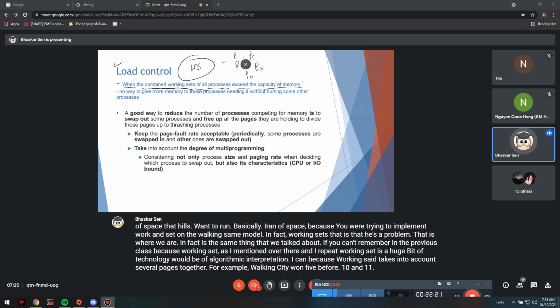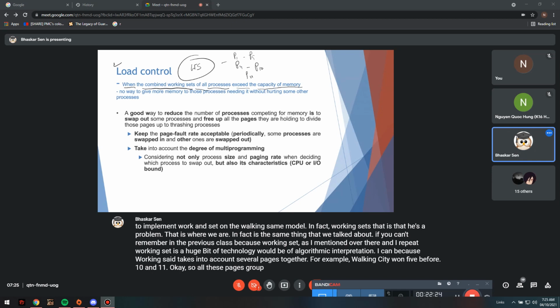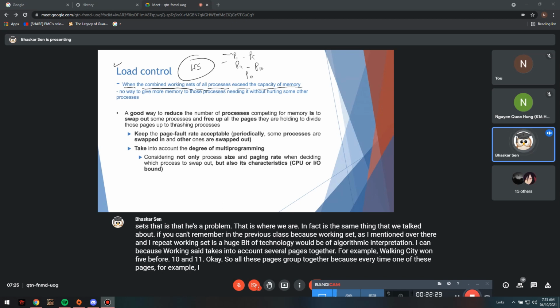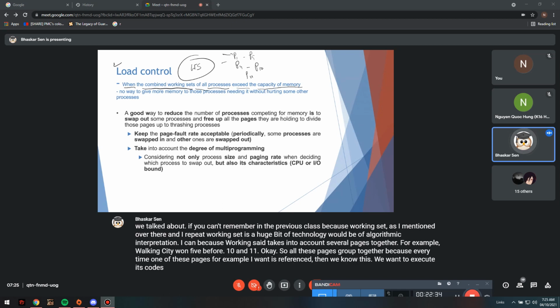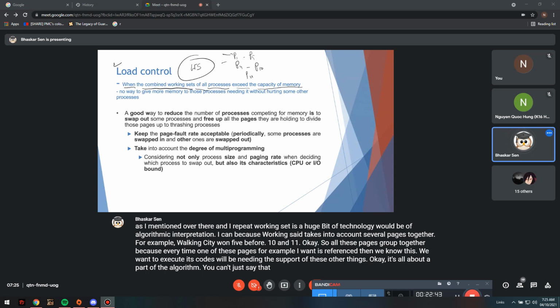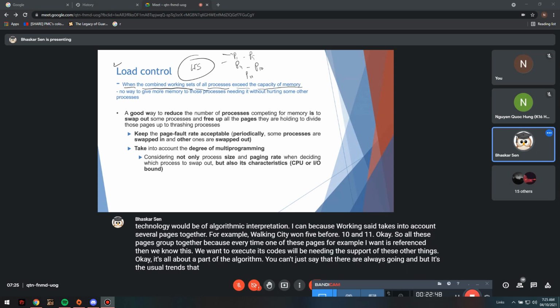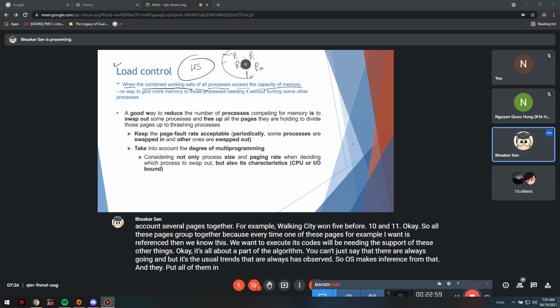So all these pages group together because every time one of these pages, say P1, is referenced, we know that to execute its code it will need the support of these other pages. It's all part of the algorithm. You can't say they're always going hand in hand, but it's the usual trend that the OS has observed.